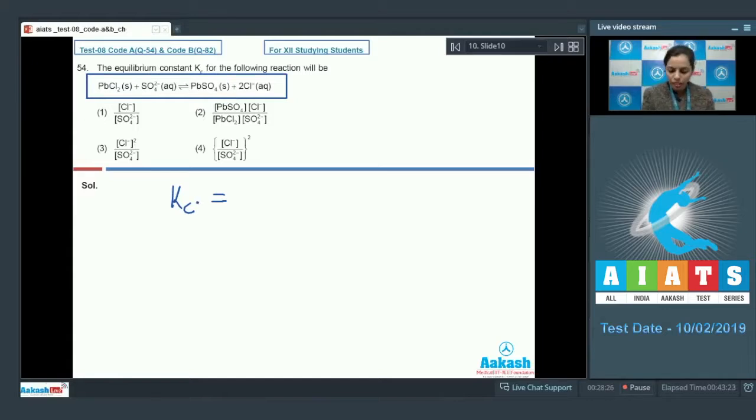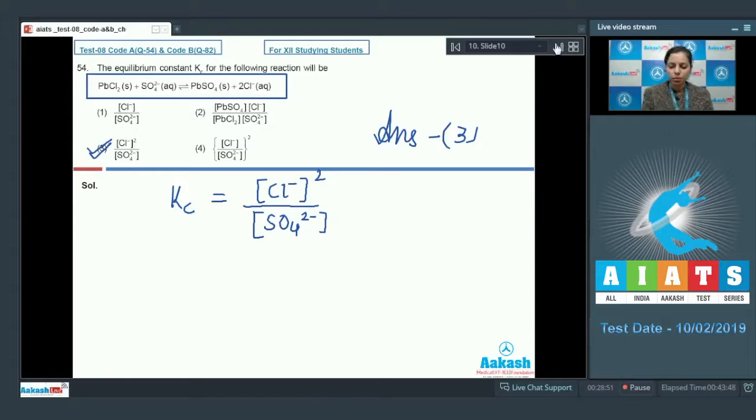And on that basis, the Kc value for this becomes this. And where this is given here in option 3. That's why our answer for this question is option 3.